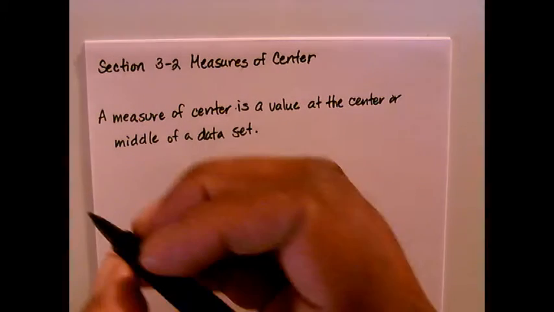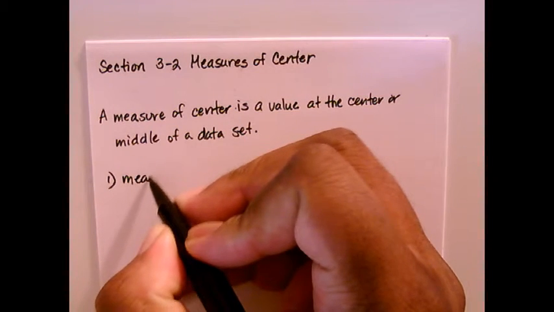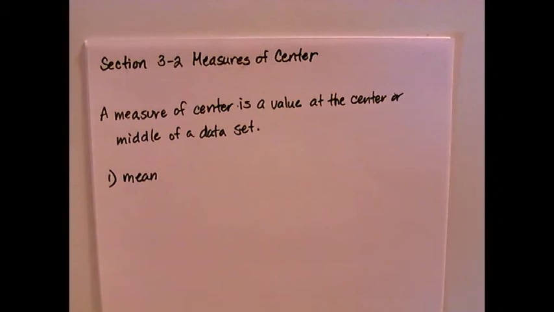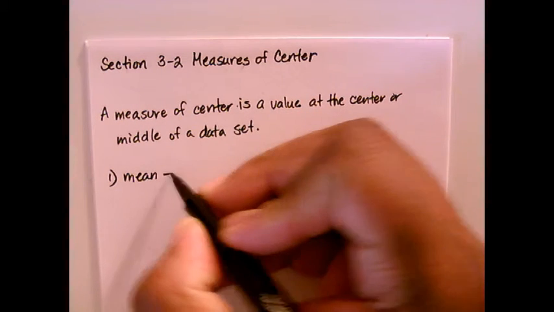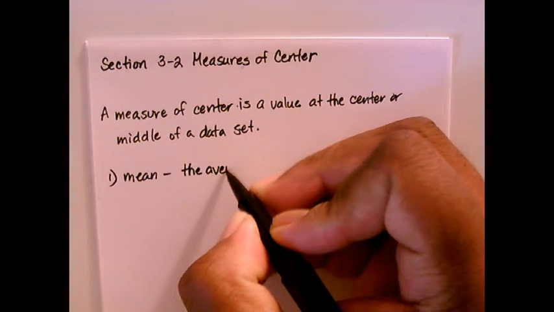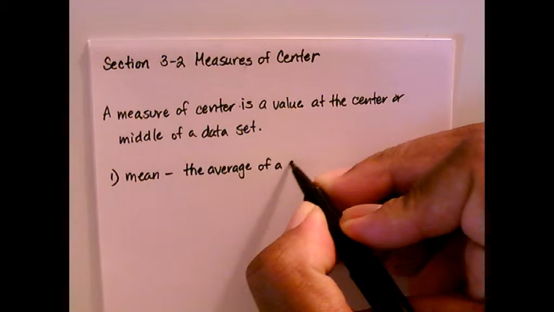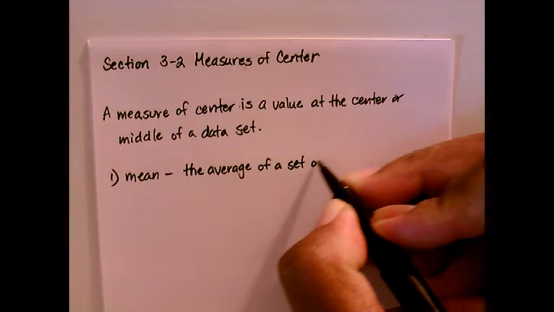In this case, we'll start off with the mean. Sometimes they call it the arithmetic mean, and that's basically finding the average of a set of data.